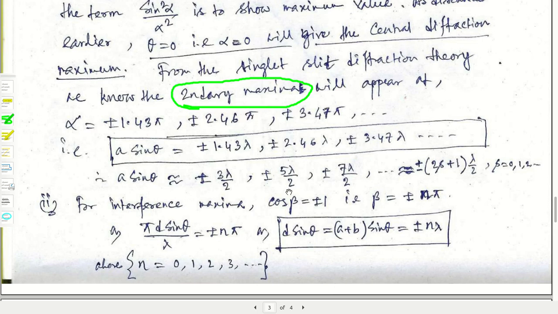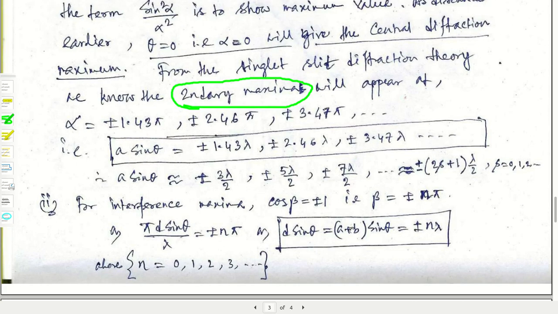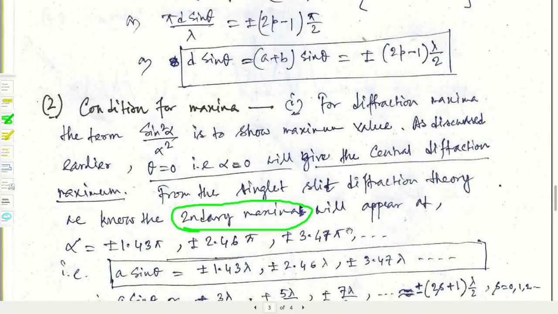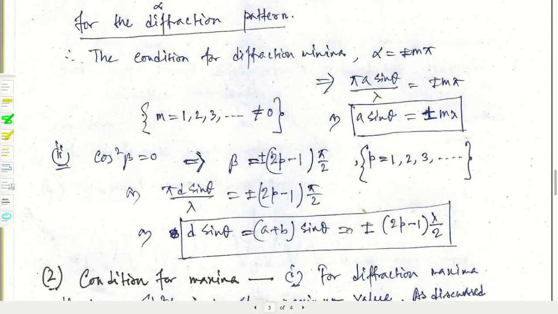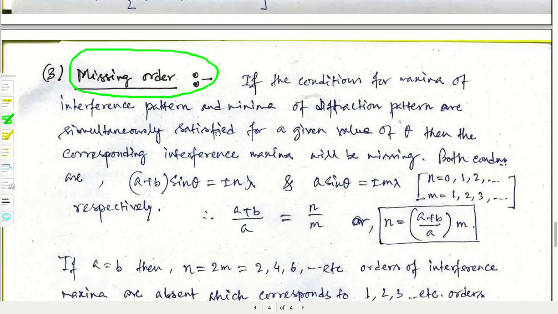Well, it is good for the central maxima or the maxima condition, but what will happen when the maxima of interference falls on the minima of the diffraction? This will give you the missing order of the resultant pattern. Missing order. Okay, this is a very interesting thing.